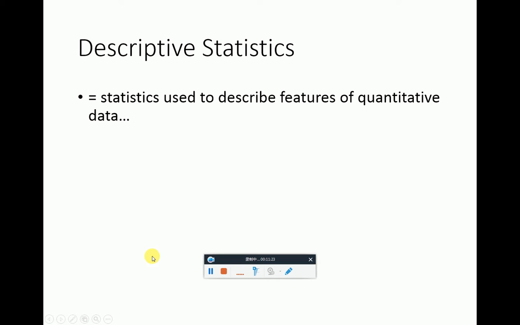So descriptive statistics, as we just said, is a branch of statistical techniques that are used to describe patterns, describe features in more general terms of quantitative data, right? We said that surveys and experiments are quantitative methods, right? They gather numbers, they gather information that can be quantified in numbers.